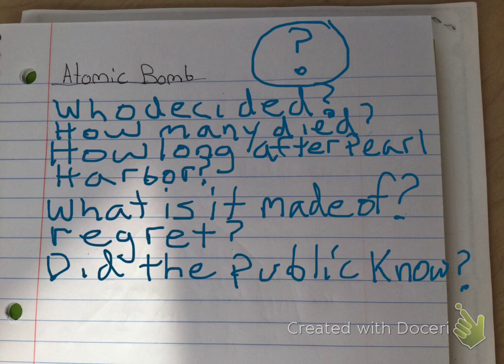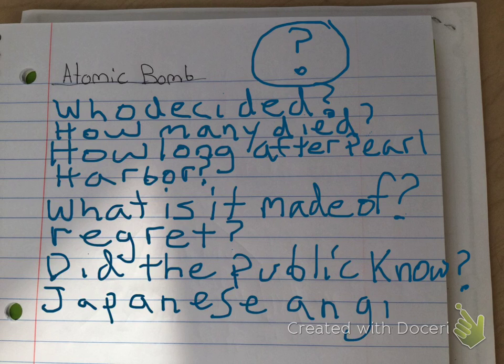I'm also interested, like, are the Japanese angry? I obviously know a little bit about the bomb to be able to ask some of these questions, but I know hundreds of thousands of people died instantly. So it's just really fascinating to me.